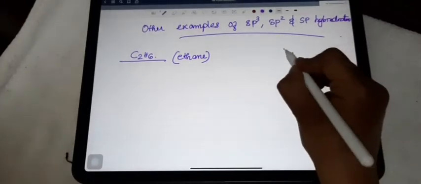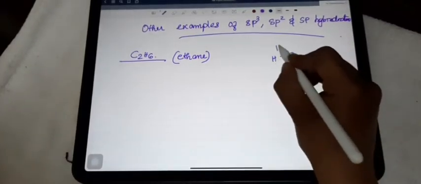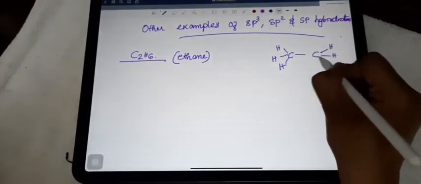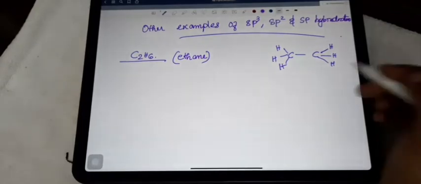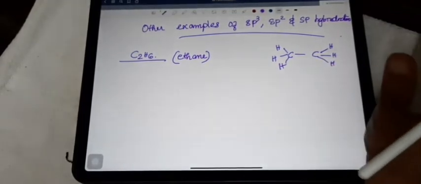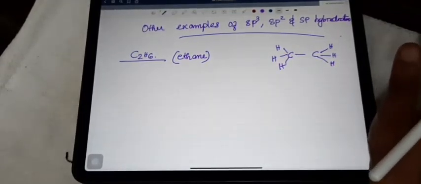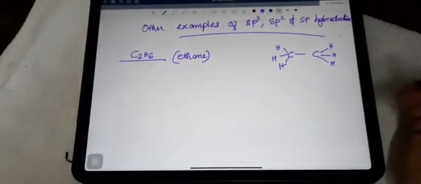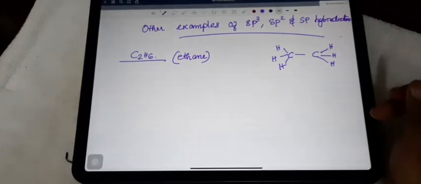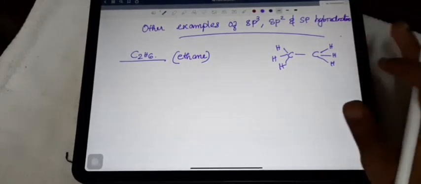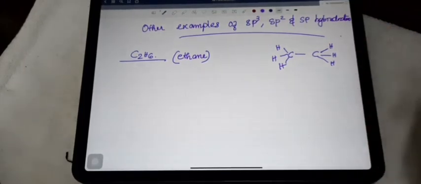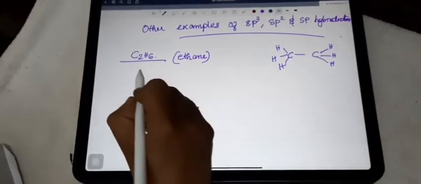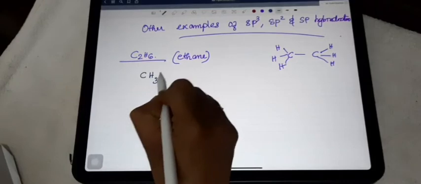You know all the things, the structure, everything, well before studying this hybridization. But how this structure comes, we can discuss now with the help of hybridization. Here you know there are 2 carbons, CH3 CH3.